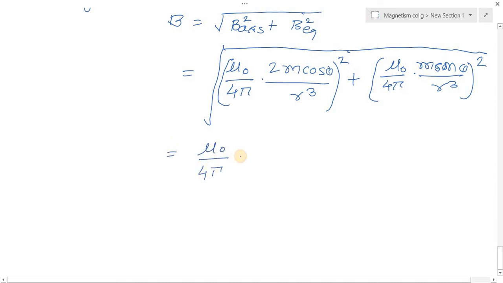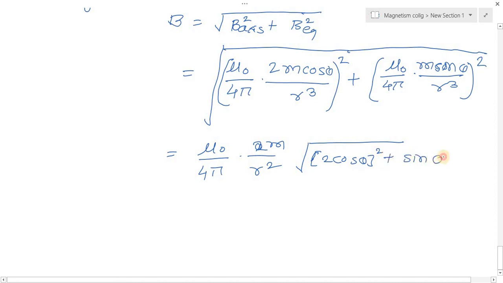Because if we take it outside the square root, the square will go away. So mu 0 upon 4 pi into m upon r cube, and here under root. So m is also constant there. So under root we write, in bracket 2 cos theta bracket square plus sin theta square.